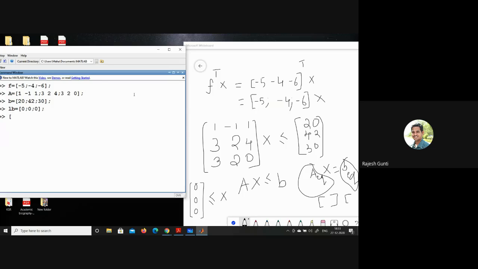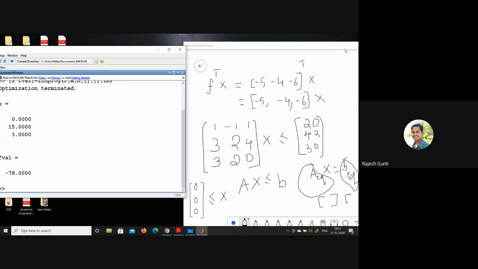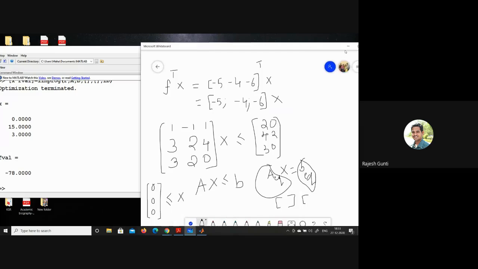Okay, my solution x, f value, function value, and variable x is equal to linprog. This is the solver. What we are doing first: f, A, b, empty braces for equality equal to null, LB.